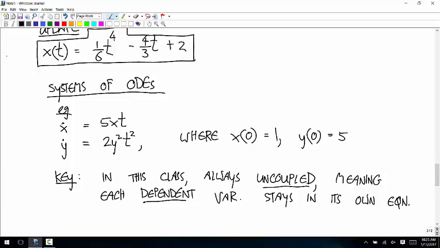If this said x dot is equal to 5xyt, then that would make it a coupled differential equation. There are ways to deal with those, but we're not going into that. And those aren't going to come up real naturally in dynamics anyways. Any questions about the coupled, uncoupled distinction?